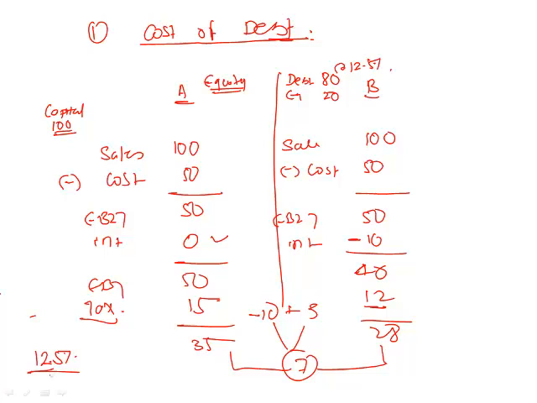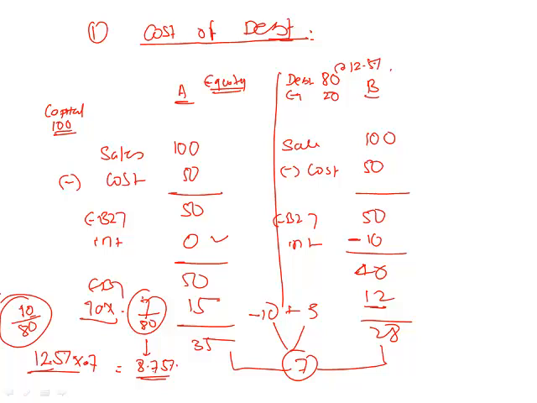So when you calculate cost of debt, had I told you that 12.5% is the cost, which is the pre-tax cost, correct? How is this derived? It's derived as 10 by 80, but actually it's only 7. So 7 by 80 is how much? 8.75%. You could have derived this 8.75 directly by multiplying 12.5 with 0.7.